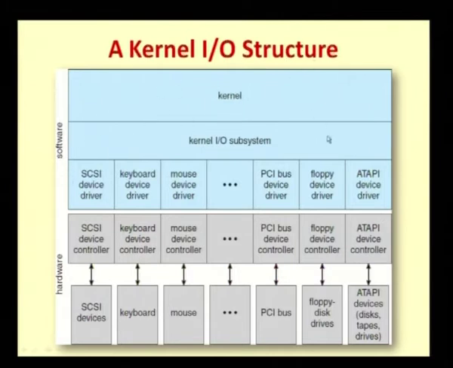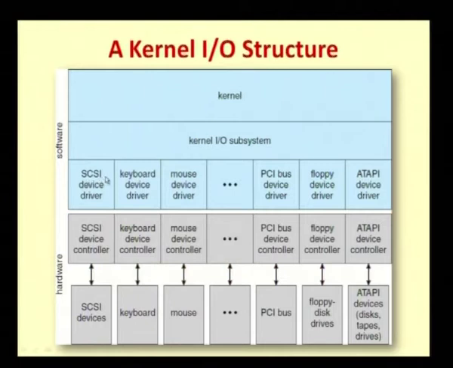Here in the kernel, we have the software, the kernel being the nucleus of the operating system. We have a kernel I/O subsystem and we have SCSI device drivers. SCSI is nothing but small computer system interface.